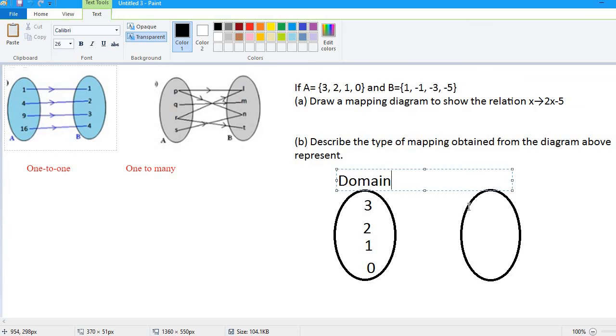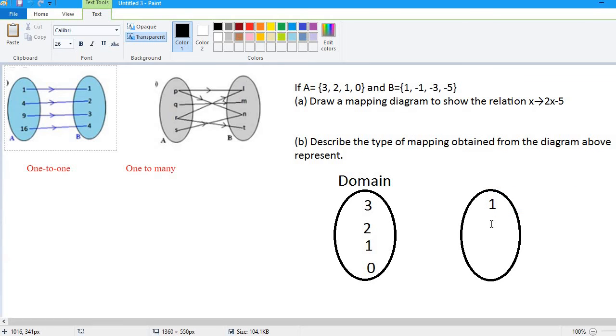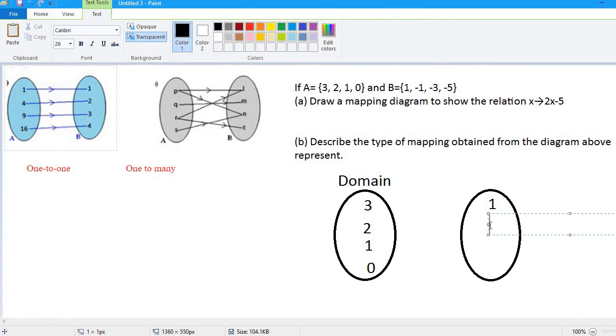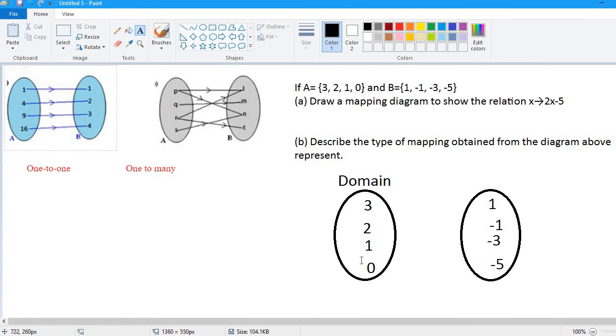All right. So in our range, we have 1, -1, -3, and -5.